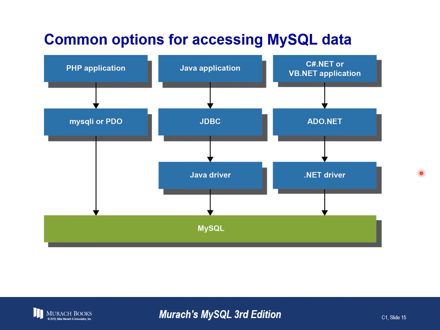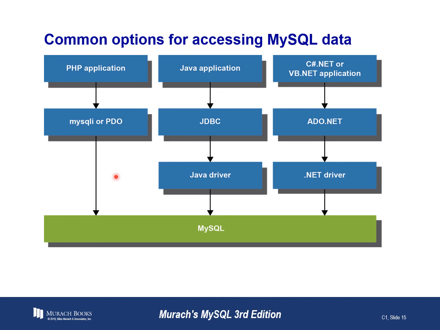And then we have a Java driver and a .NET driver as well. The Java driver is going to allow the JDBC connector to work with MySQL. Some programming languages include a piece of software called a database driver for the API that it uses to access MySQL. For example, PHP includes a MySQL driver for both the MySQLi and PDO APIs.